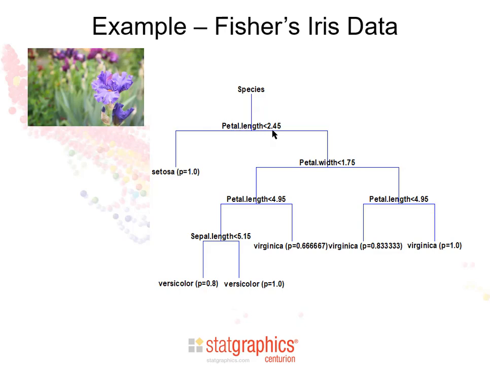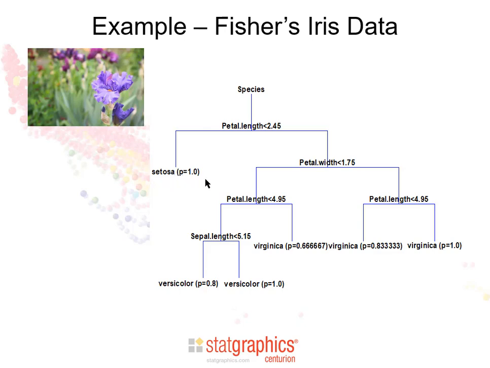If it's less than 2.45, we move left. If it's greater or equal to 2.45, we move right. So if it's less than 2.45, we'll move to the left, come down to this terminating node, also called a leaf, and classify that iris as Setosa.